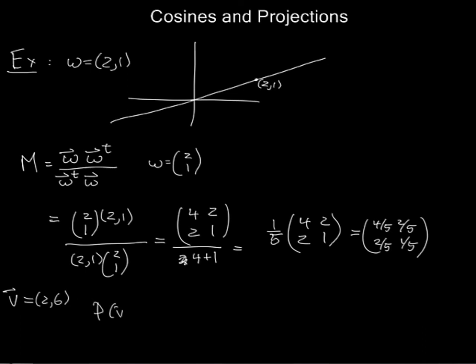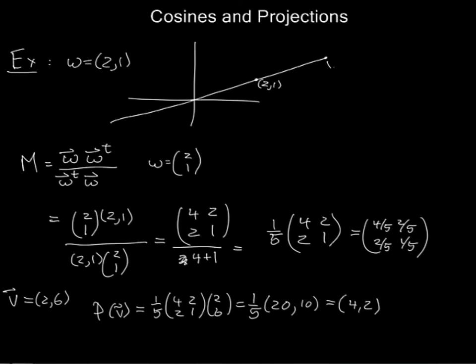So let's, for example, suppose v was the vector (2, 6). What is its projection? Well, you just apply this matrix to it, and you get 1/5 times, let's see, 8 plus 12 is 20, and 4 plus 6 is 10. And you're getting the vector (4, 2), which is indeed on the line. It's 2 times the vector (2, 1). The vector that I started with, (2, 6), is kind of hard to draw in the picture.